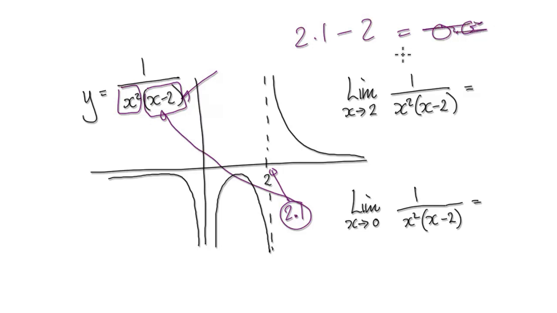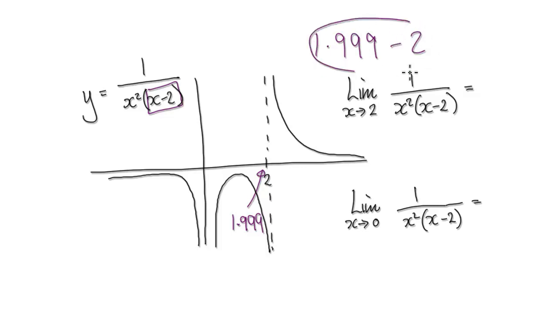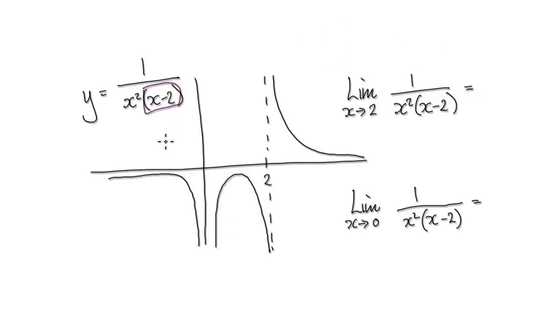Just to the left, let's say 1.999. 1.999 take away 2 is going to give you a negative number.